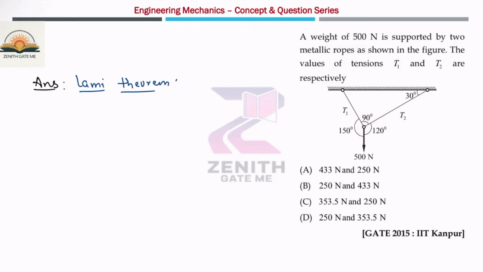Let us suppose this is the point P. What are the forces acting? One is the tension T2 force, this one is the T1 force, and one more force is given, which is 500 Newton. The angles are also given: this is 120, this one is 150, and this is 90 degrees.